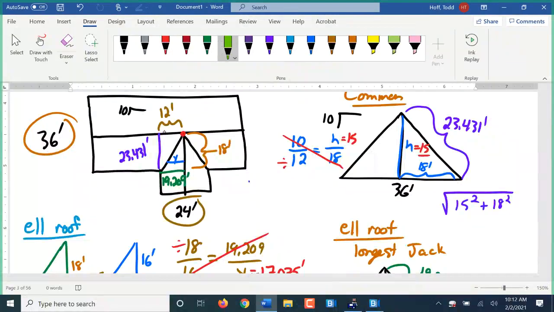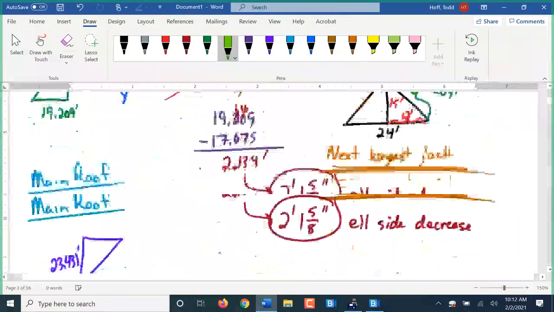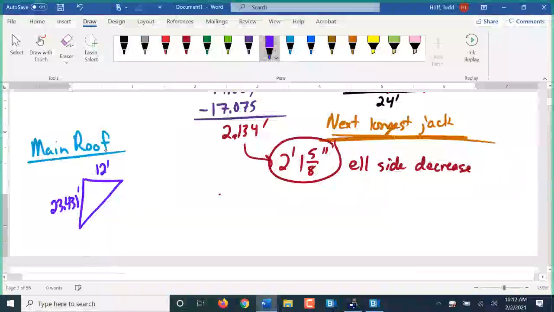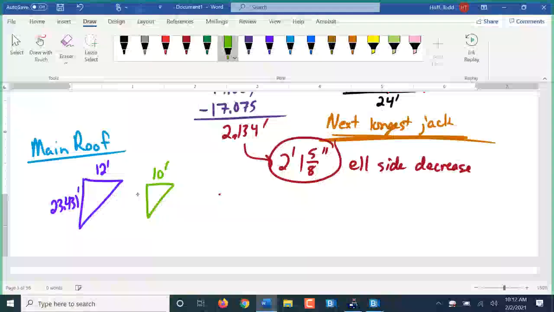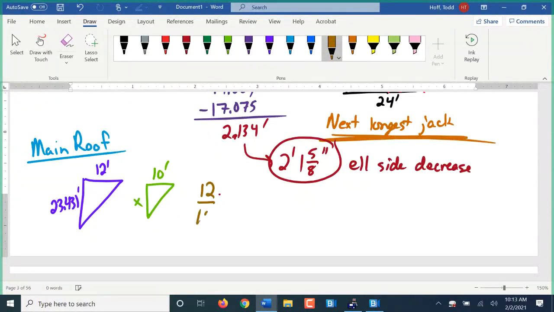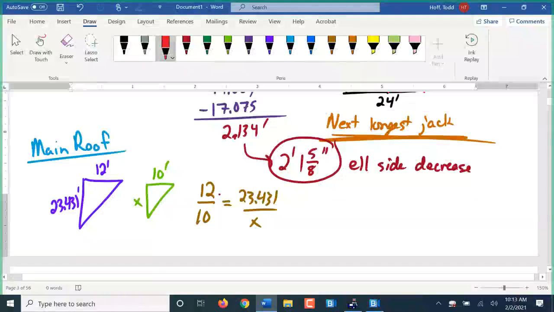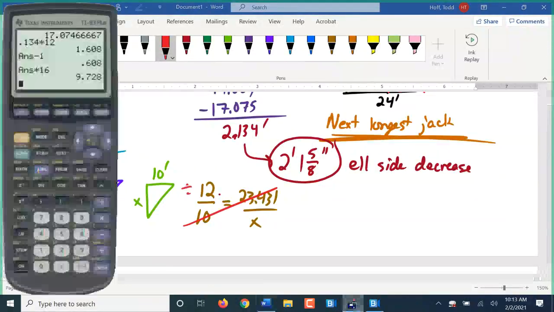So when we put in the next rafter here, which I'm going to call X, that'll be 10 feet there, compared to 12 feet. So 12 relates to 10 as 23.431 relates to X. Now we can cross multiply and divide: 23.431 times 10 divided by 12 gives us 19.526.